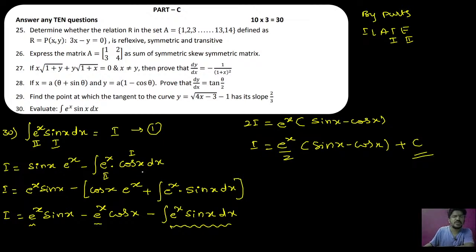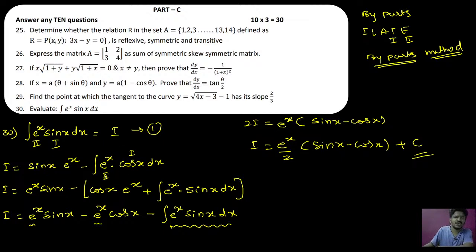So in the second step, you have to use the by parts method technique. You just go through that by parts method technique that you can use in problem number 30 in the second step. That is, first function sin x, second function e raised to x, integration of e raised to x is e raised to x, minus integration of what you have integrated here, the same function you have to write, and differentiation of the first function.